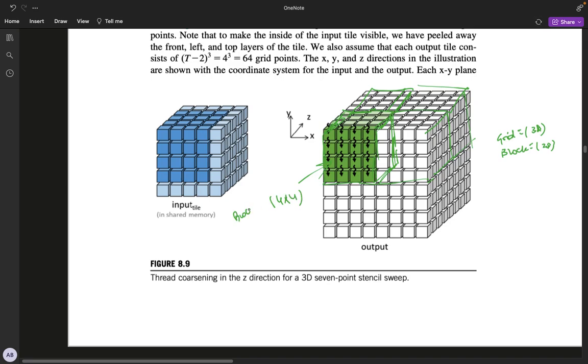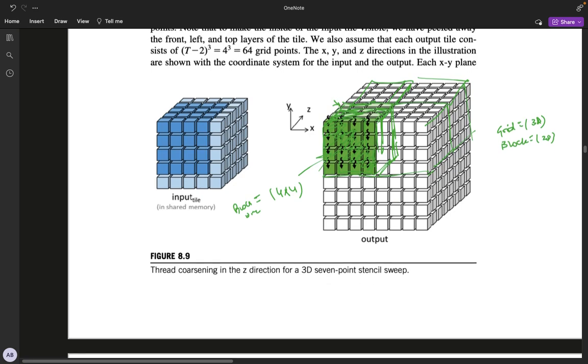The block dimension is 4 cross 4, and these 4 cross 4 threads in iteration 1 operate on this xy plane, in iteration 2 operate on this xy plane, in iteration 3 they operate on this xy plane, and in iteration 4 on this xy plane. After 4 iterations, the 4 cross 4 threads are able to do the entire computation that 4 cross 4 cross 4 threads would have done if we had used a three-dimensional thread structure per block.